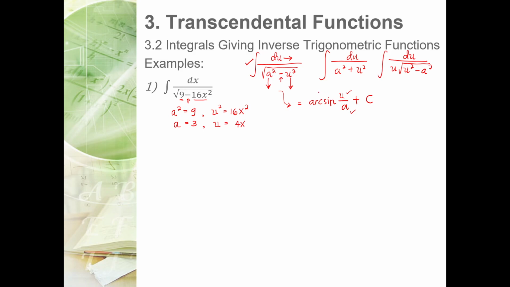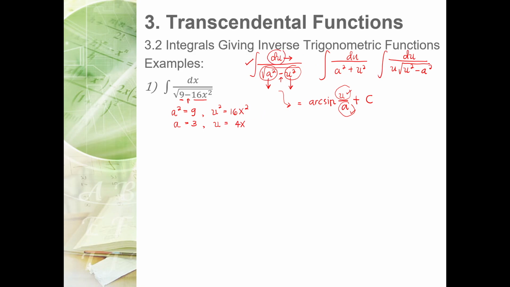So what's left for us to determine is the du parameter. Notice that we have determined a squared in the format, and you also have u squared. The purpose of getting your u and a is for the final answer later. So what's left is the du parameter.